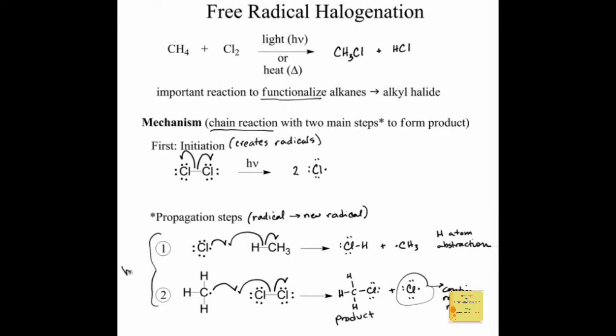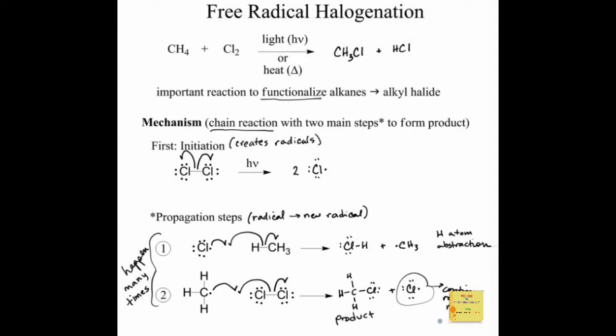These happen many times. And these are the two main steps I described in how to form your product: plucking off a hydrogen atom from the alkane, and then the resulting alkyl radical plucking off a chlorine from Cl2.